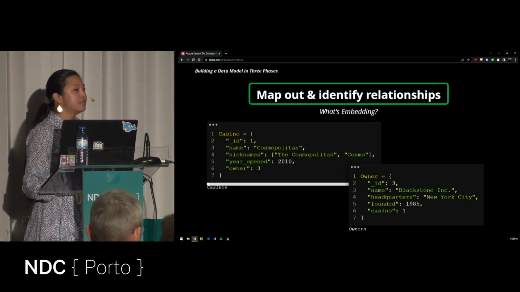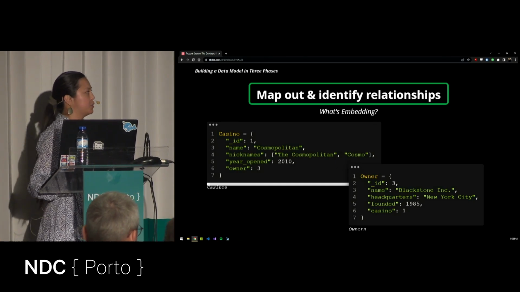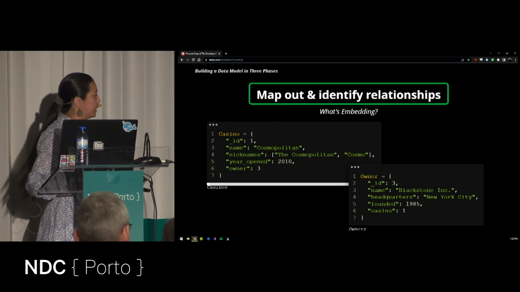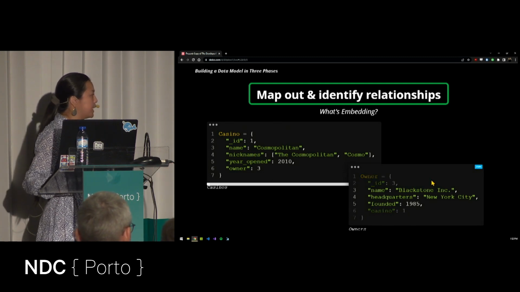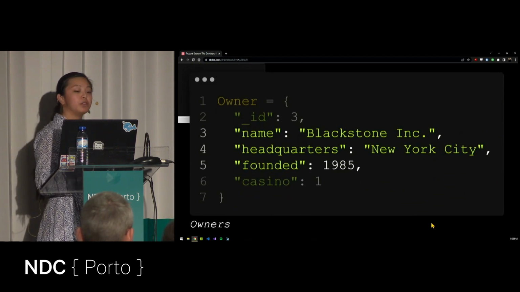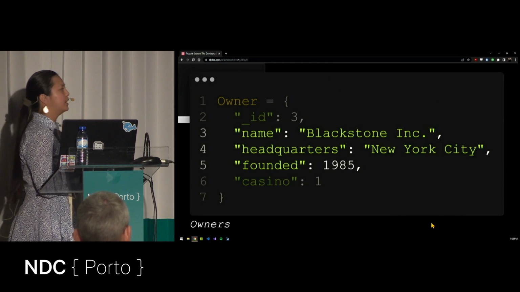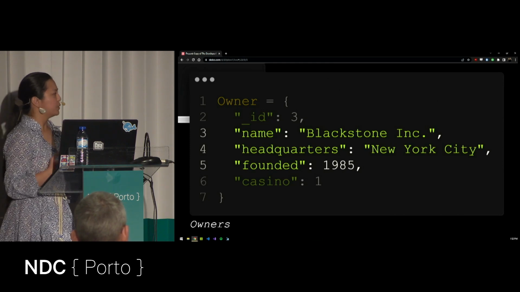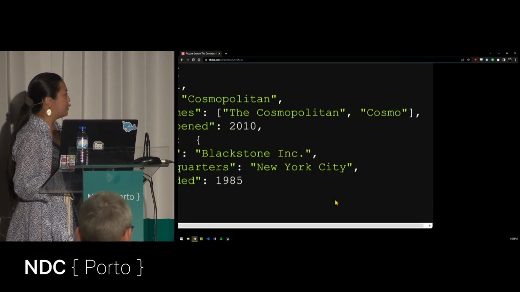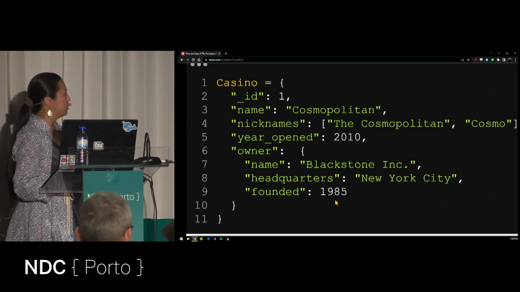Embedding, on the other hand, is pretty self-explanatory. The word itself, embedding, explains what it's doing. So embedding means we will take the information that we need. In this case, when we are querying this data about the casino, we usually need the name, the headquarters, and when it was founded, and we're simply going to embed that into the document itself.